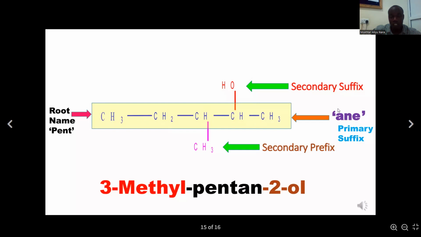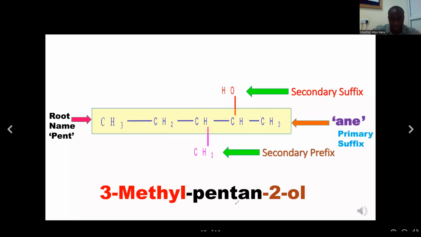Remember we said that the primary suffix must always be there. The root name here is pent, but the primary suffix is alkane, ANE.